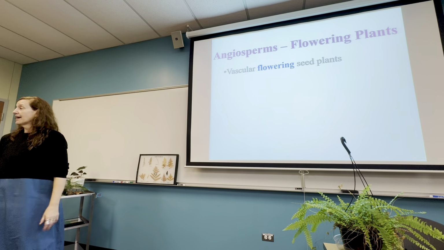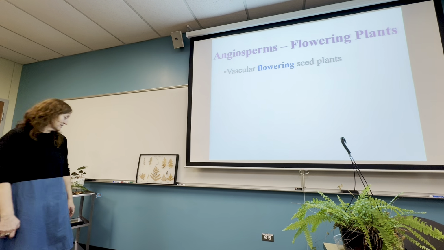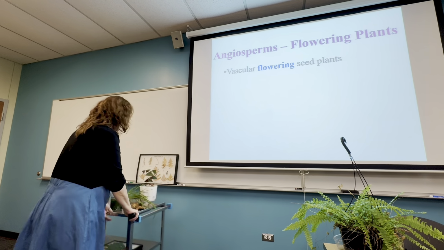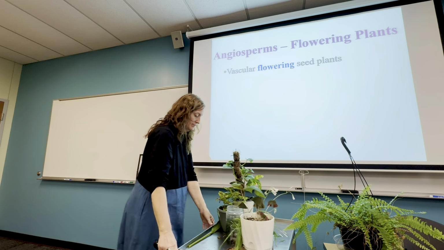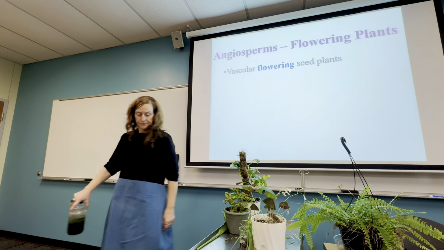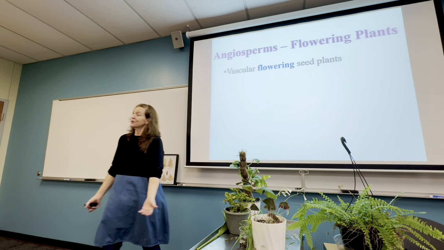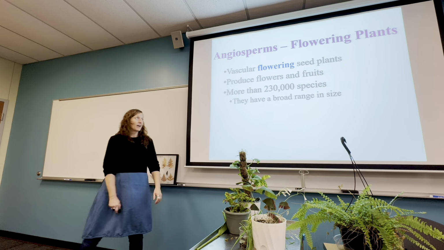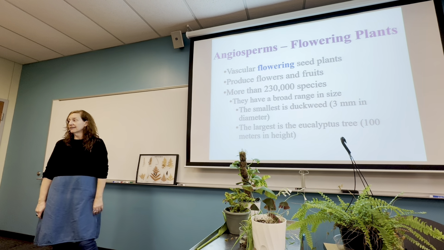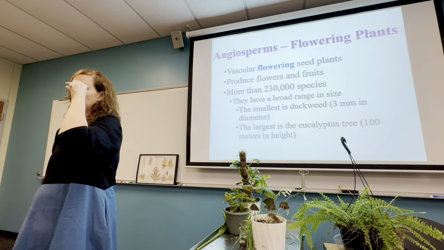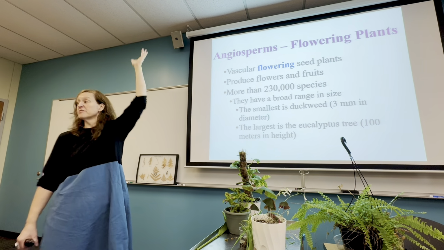And then you have the angiosperms, the flowering plants. A lot of what I have on this cart are flowering. Flowering plants don't always keep their flowers. The angiosperms are very, very diverse. Angiosperms can be really, really small, like millimeters big, and then they can be hundreds of meters tall.